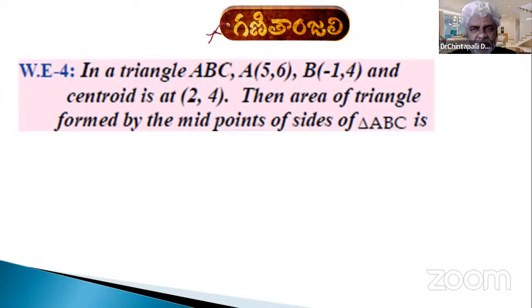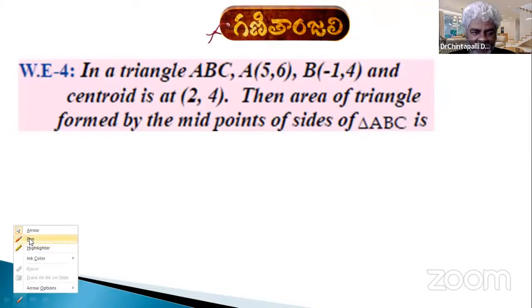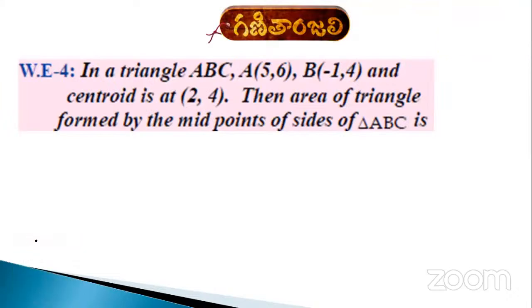See, it is an indirect question. Actually, 3 points are given. We can find its area by using any of those formulas, right? But what about this? Read it once. In a triangle ABC, A is (5, 6), B is (-1, 4), and the centroid is at (2, 4).